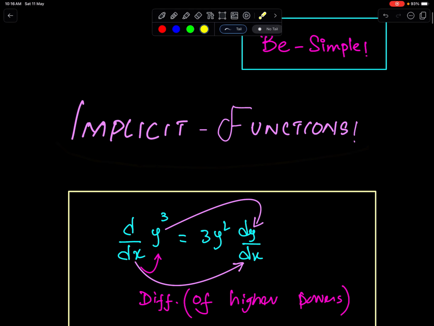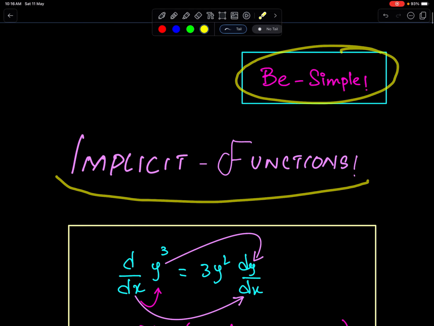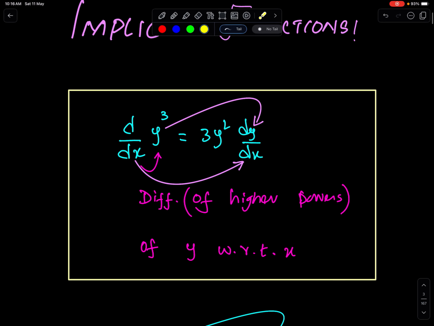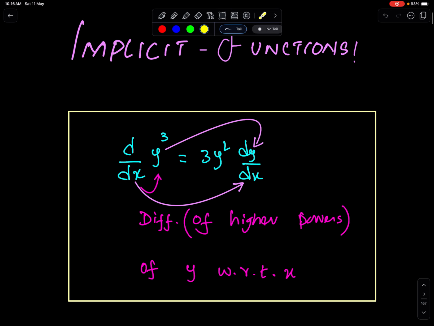An important advice: be simple. In general, implicit functions means differentiation of y with respect to x. When we differentiate implicit functions, we multiply the answer with the gradient of this variable, dy upon dx.